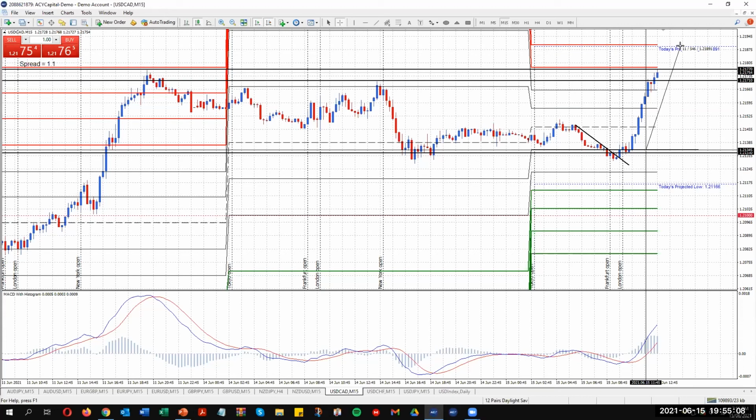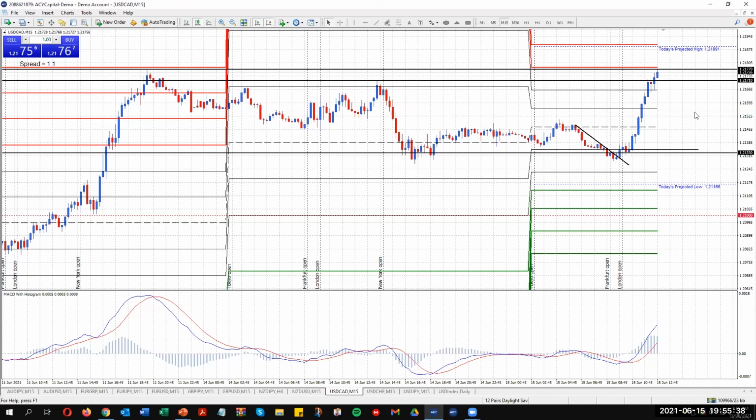So risking 10, possibly targeting all the way up to there if you can get beyond this daily resistance. I mean, you can see at the moment, we are holding at daily resistance. It's just pulling back a bit. If we do meet today's projected high though, risking 10, targeting up to the high of the day, 55 pips, that's a risk reward of 1 to 5.5 approximately. That's great.